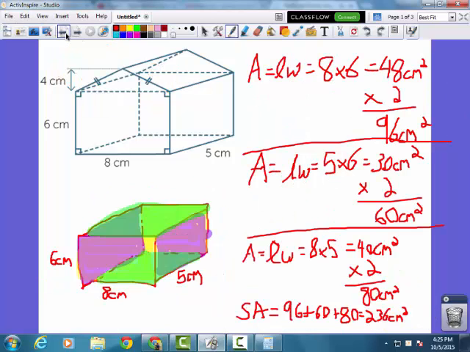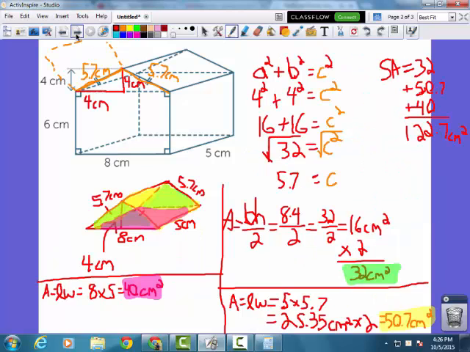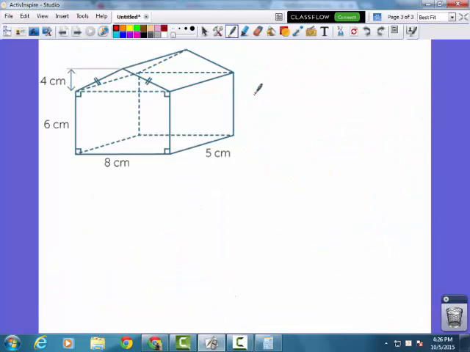Let's just go back here really quick. Here is our rectangular prism. We need to add them both together.